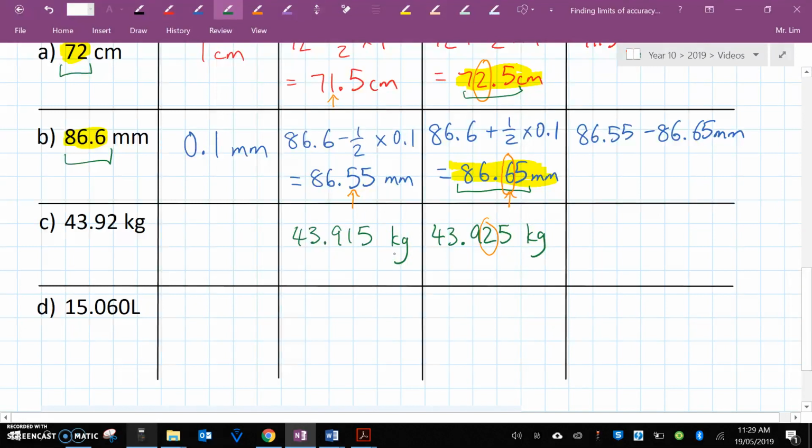Okay, so that's the shortcut method where you don't need to find the smallest unit, which in this case is 0.01 kilograms. Okay, that becomes a 1. All the rest become zeros. But instead of doing measurement plus or minus half of the smallest unit, I can get straight to my answer by doing that shortcut. Therefore, the limits of accuracy are 43.915 to 43.925 kilograms.